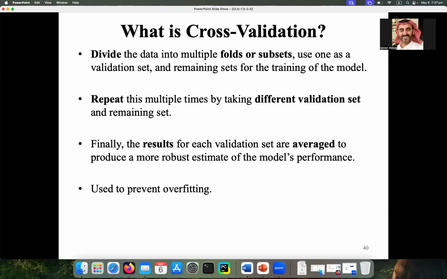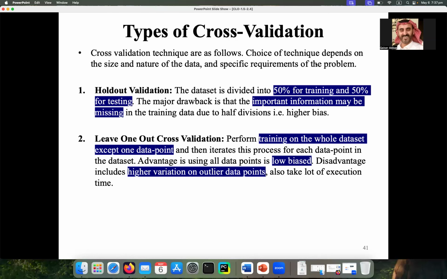So normally we use cross validation for overfitting, and you know the definition of overfitting, because we saw what overfitting and underfitting are in the beginning. To prevent this overfitting, we normally use cross validation.